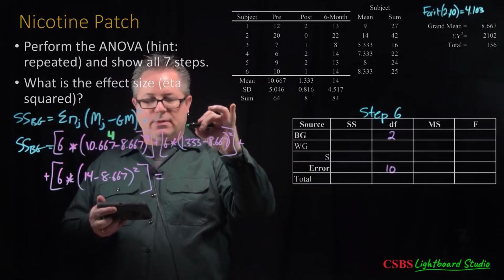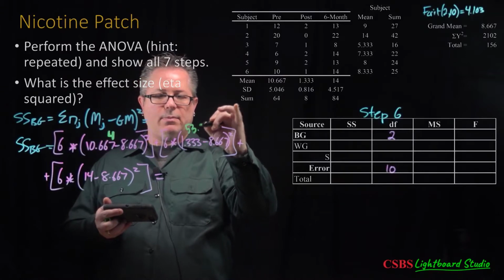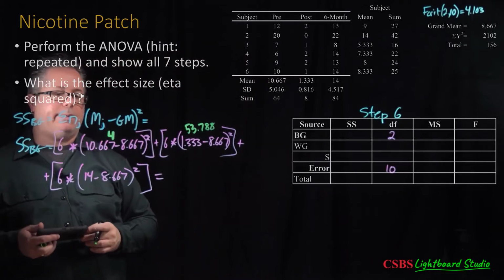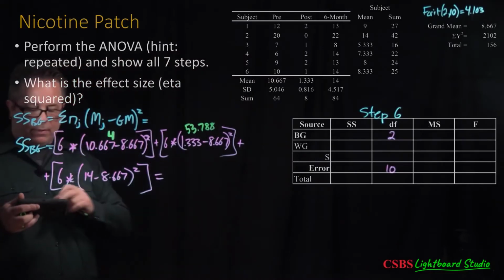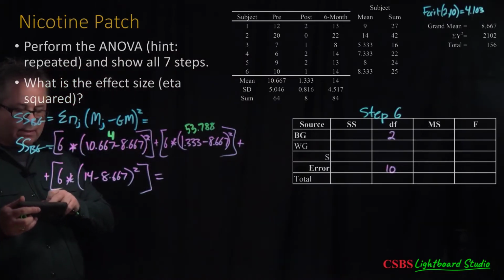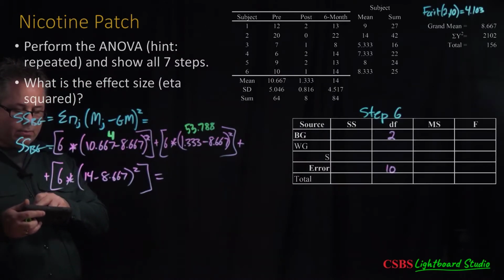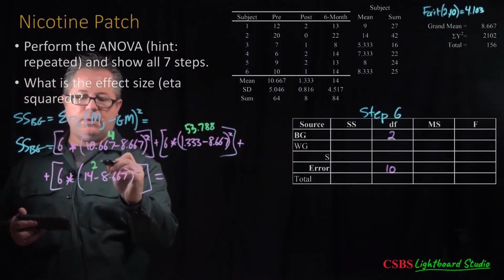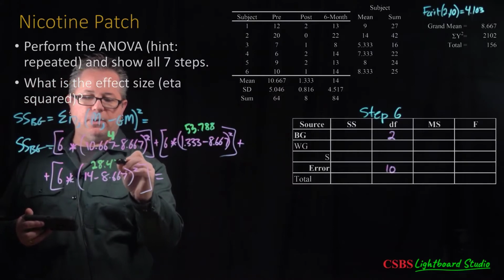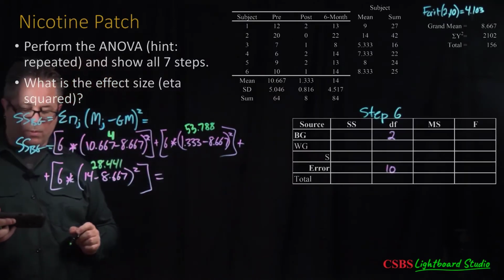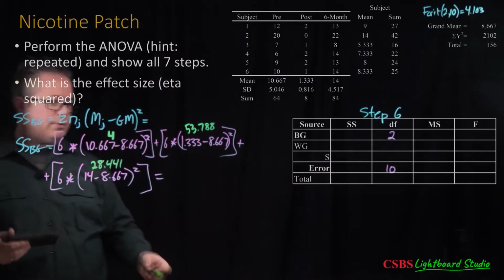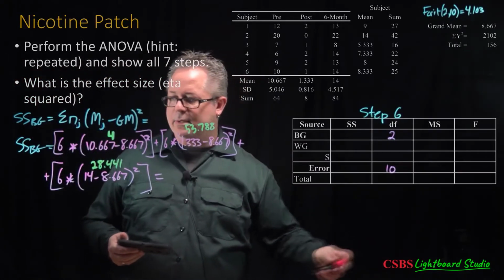So this is 53.788. And then we got 14 minus 8.667 equals 5.333, squared is 28.441. All right. So we need to multiply each of those by 6.